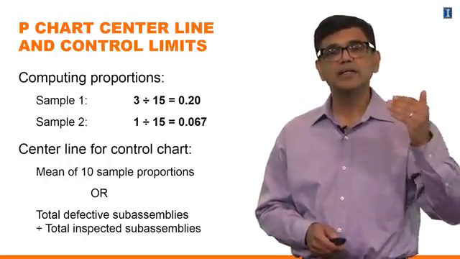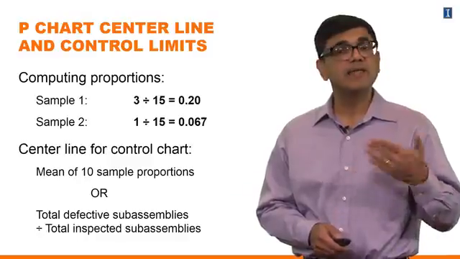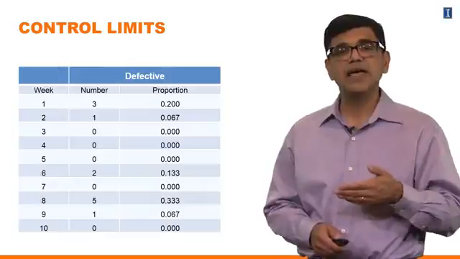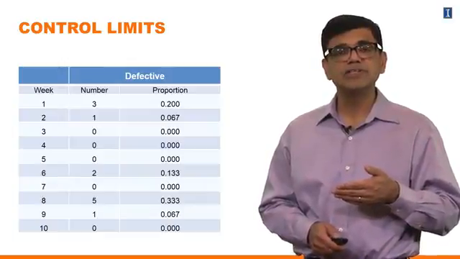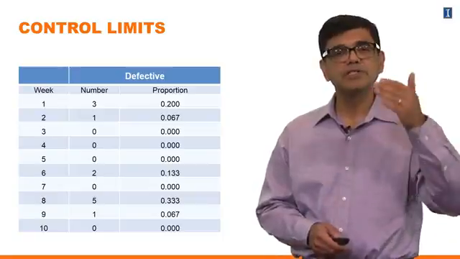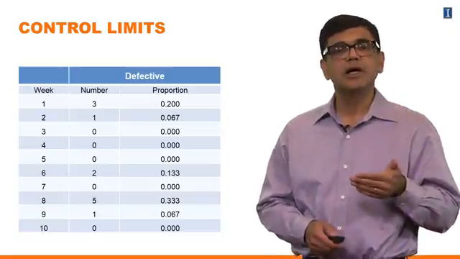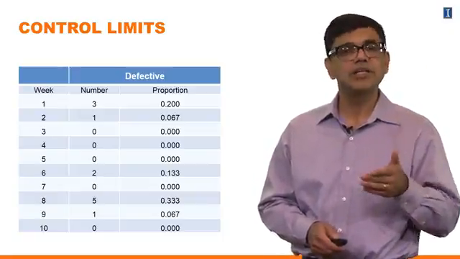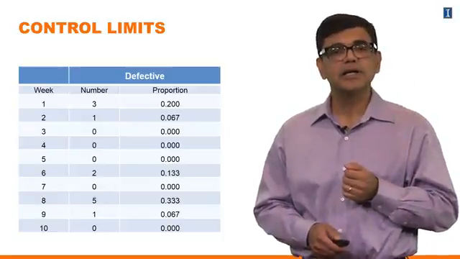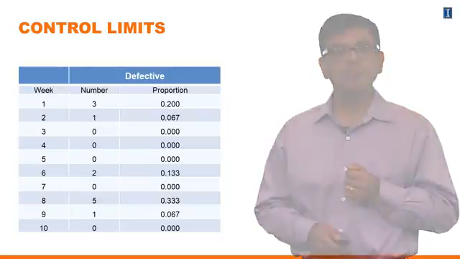So you're going to get 12 divided by 150, and that will give you the average. Either way, you're going to get an average that you'll use for the center line. And if you were to take the other method, which is taking each of the proportions and averaging them out, you would get the same thing. So here you have each of the proportions shown to you for each of the samples.